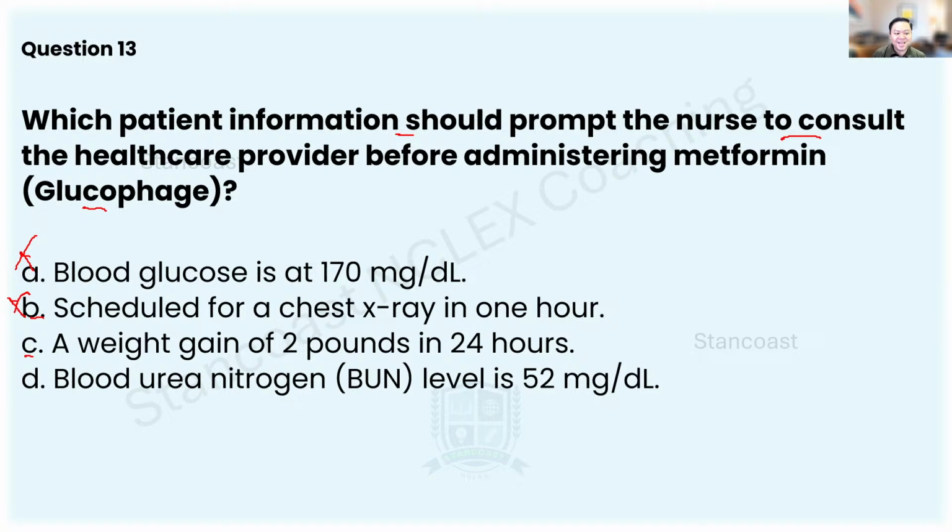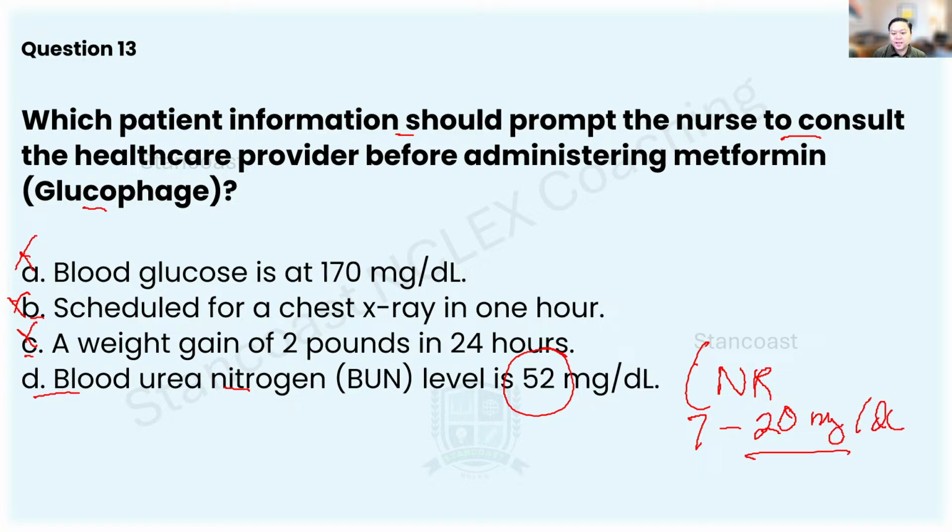What about letter C, a weight gain of 2 pounds in 24 hours? This is a slight weight gain, but it's not directly relevant to the use of metformin. Recall the level of your patient's blood urea nitrogen: the normal range usually sits around 7 to about 20 milligrams per dL, right?